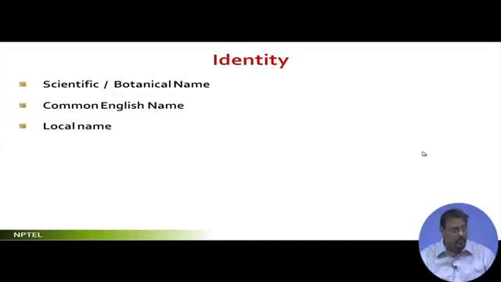Whenever these names are given, there are certain ways by which the nomenclatures are assigned, and they follow a universally same rule. For any plant, you give a family name. Very interestingly, it matches with our human nomenclature, your personal names. Like, you have a surname, which is a family name. In some regions of the country, the surname is given first and your name next.